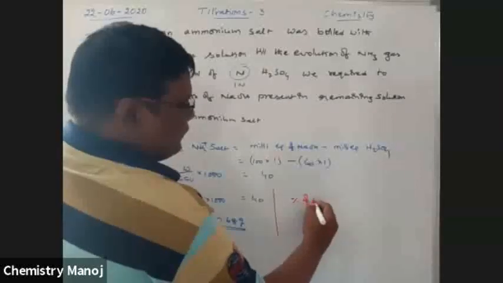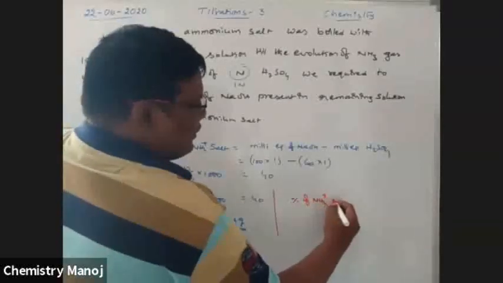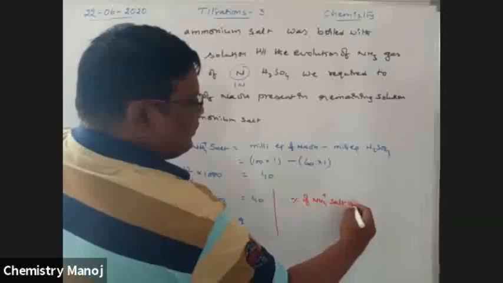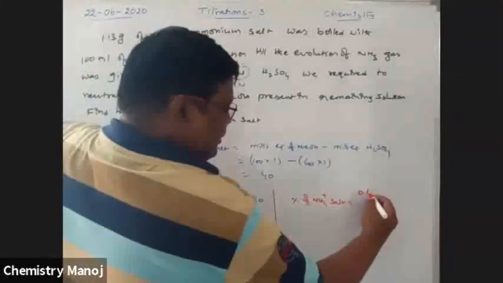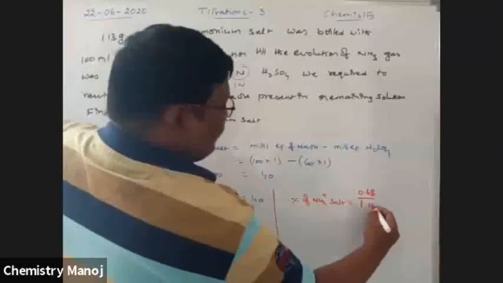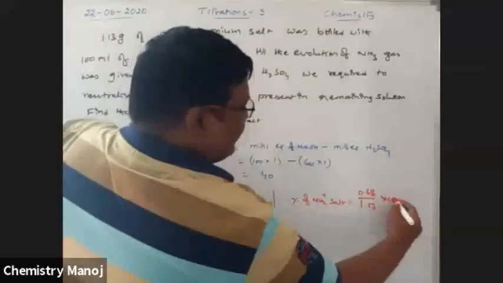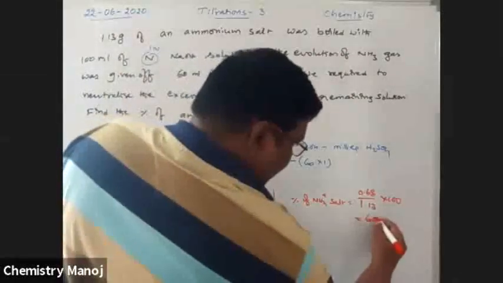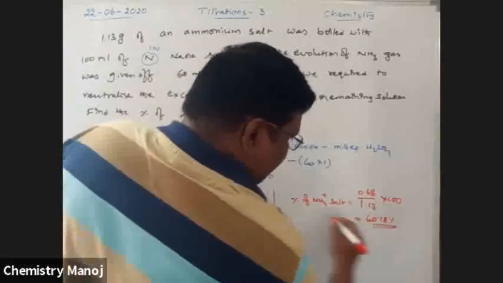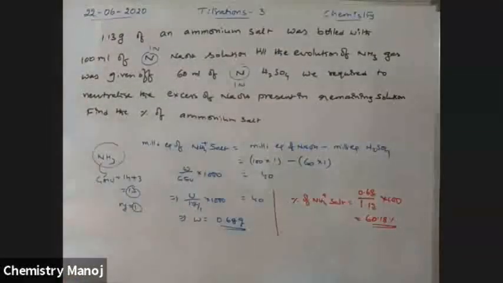Now percentage purity. Percentage of ammonium salt is equal to 0.68 by 1.13 into 100, which is equal to 60.18%.